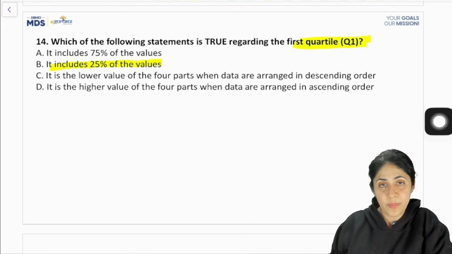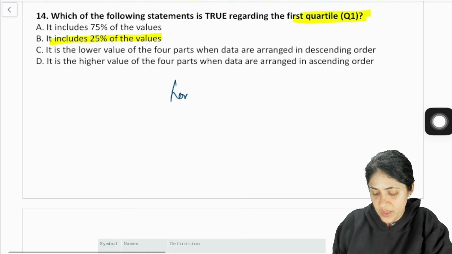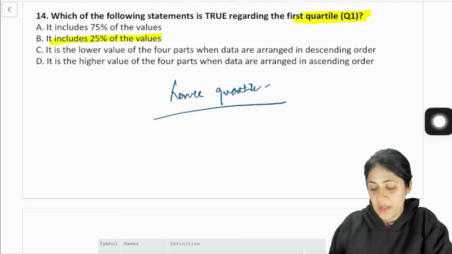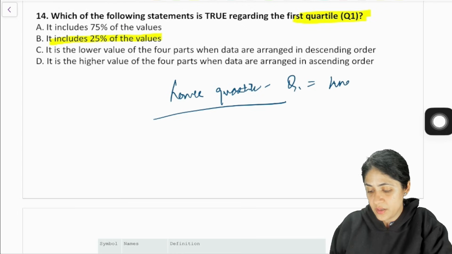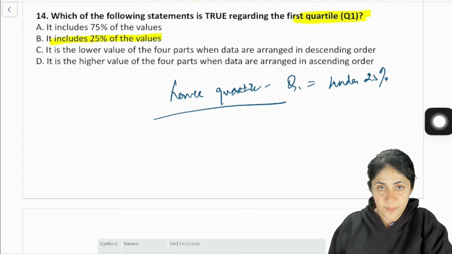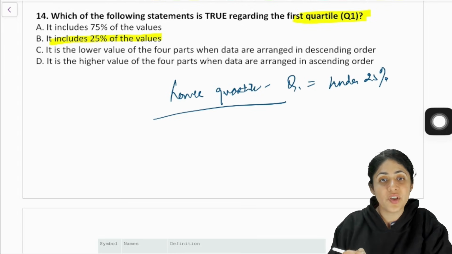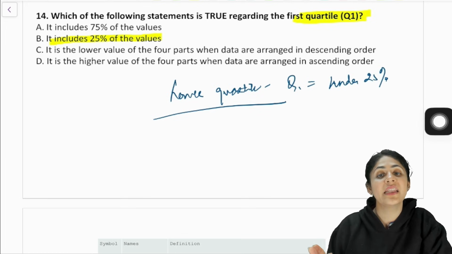What we need to remember is the lower quartile, which we have read in the location of percentile chapter in biostatistics. The first quartile is the value under which 25% of the data points are found when arranged in increasing order.